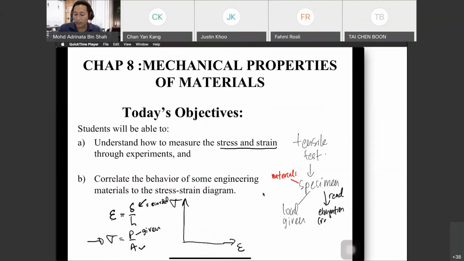The elongation is recorded from the machine.